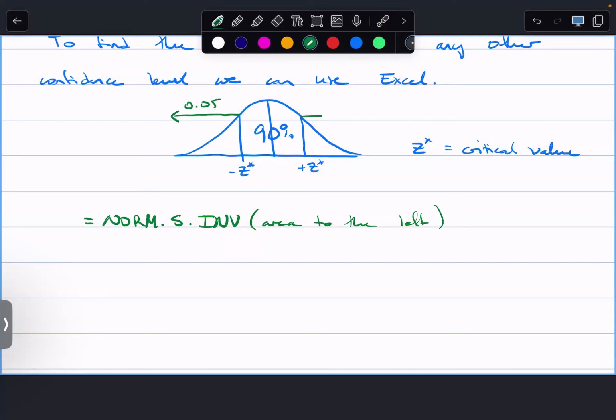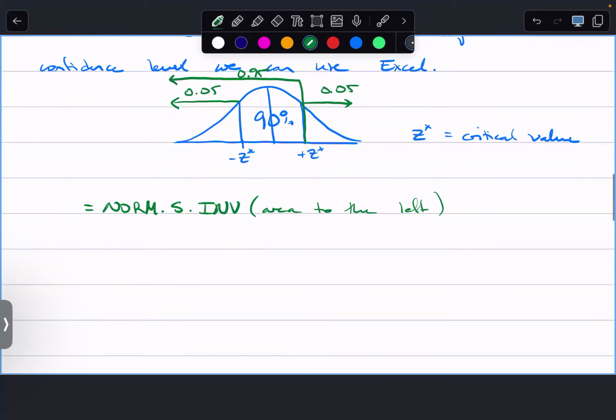So now I have 0.05 and 0.05. Or if you wanted to force the positive z value, which is usually what I would end up doing, just because then I can use it in my calculation instead of having to drop the negative, this area to the left is 0.95.